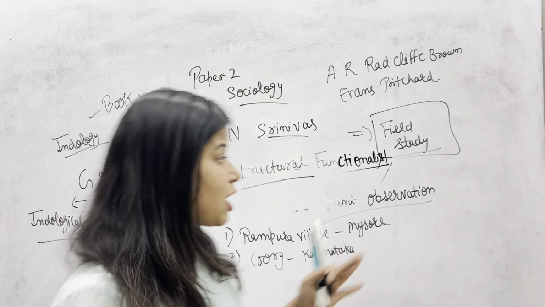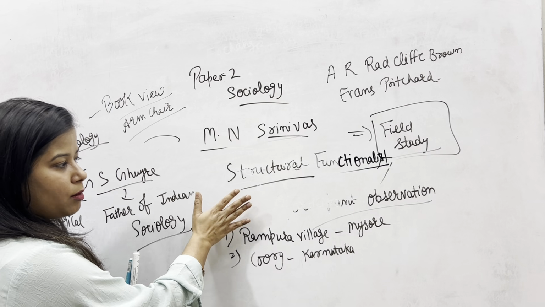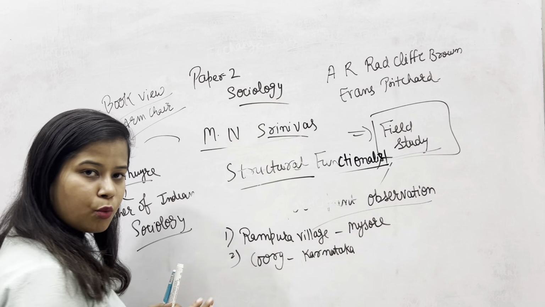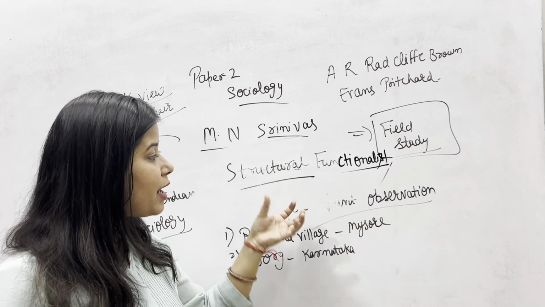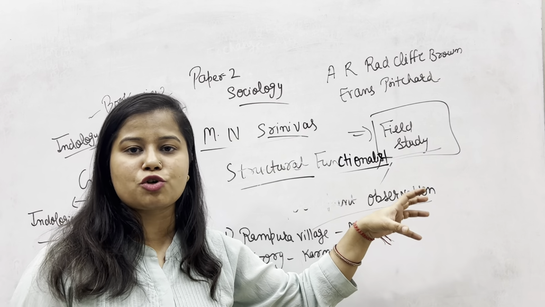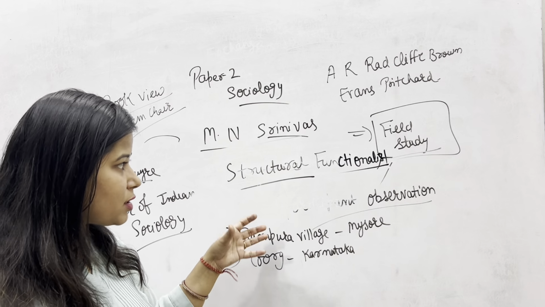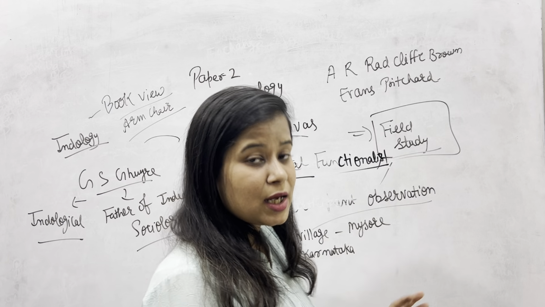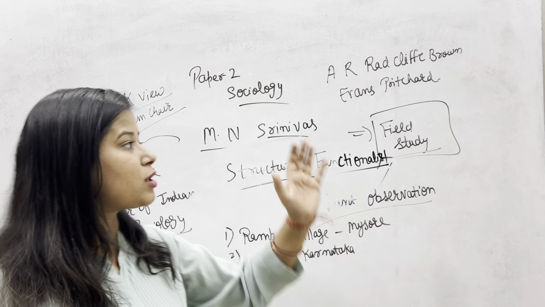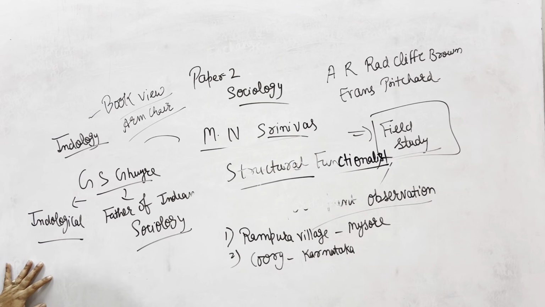That's how, with this viewpoint, the structural functionalist people work: each and everything has a structure and each part has its separate function to perform. On the basis of this approach, we can say that M.N Srinivas was a structural functionalist. He put more focus on field study rather than ideology.